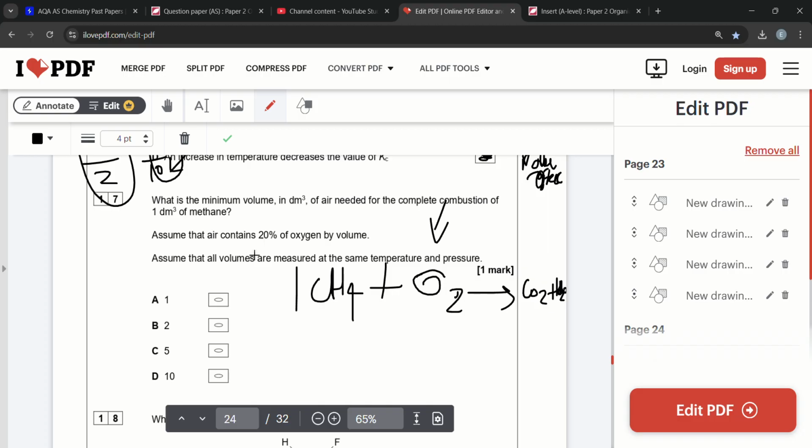The air contains 20% oxygen by volume, so 0.20 moles of oxygen.